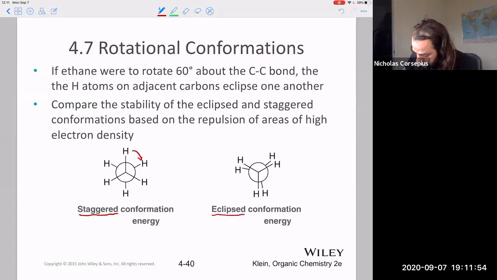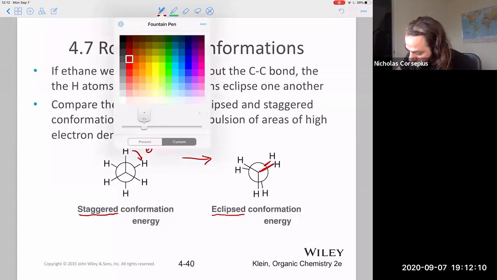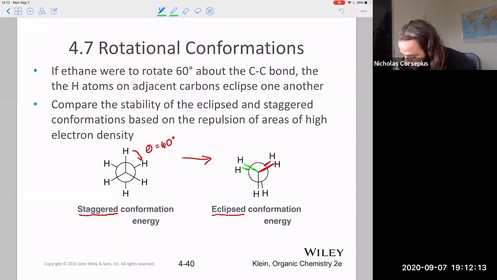If I take my staggered and rotate it by a dihedral angle of 60 degrees, I will arrive at an eclipsed conformation, where these bonds are in parallel with one another. Although it's not drawn perfectly with a dihedral angle of 0, because otherwise you wouldn't be able to see things very easily. This is meant to be a dihedral angle between two hydrogens of 0, so they're exactly parallel with one another.